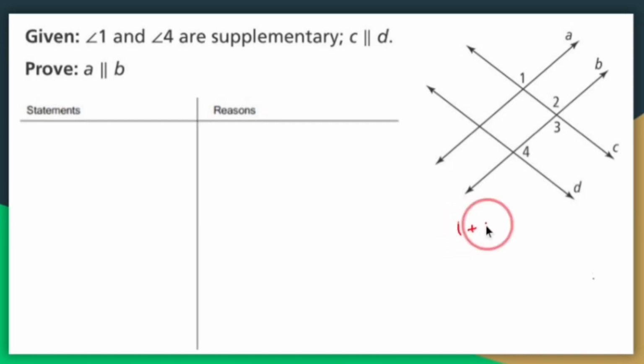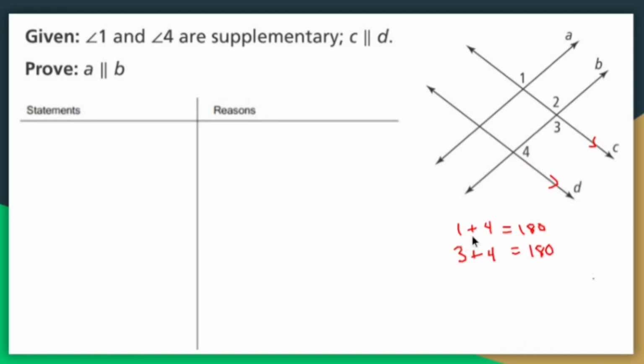1 plus 4 is 180. From that, I can say that, well, since what am I told? I'm told that C and D are parallel. That means 3 plus 4 is also 180, right?